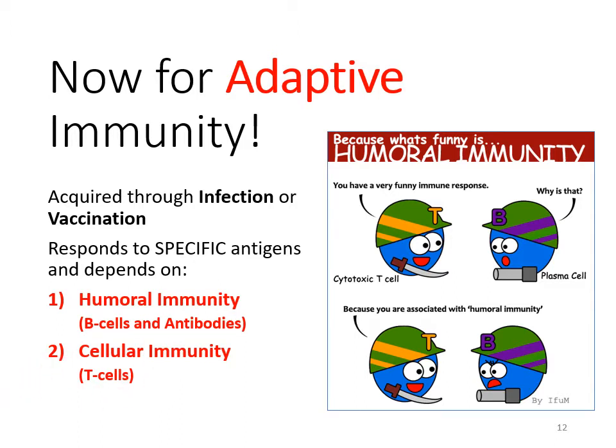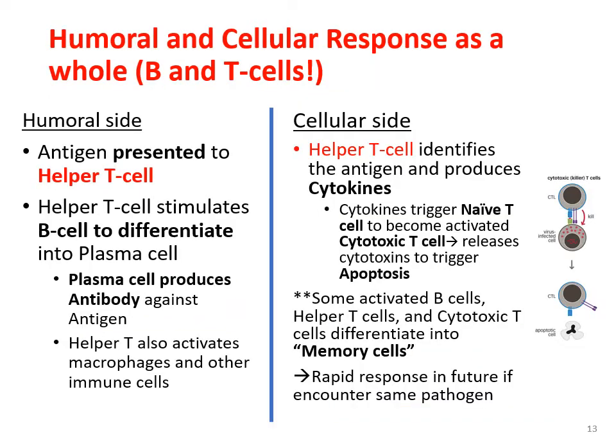And we're going to go through exactly what this looks like. So here I mapped out for you what humoral actually means, how those B cells and antibodies get produced. And then the cellular side is focusing on your T cell response. Both of these together make up your adaptive immunity.